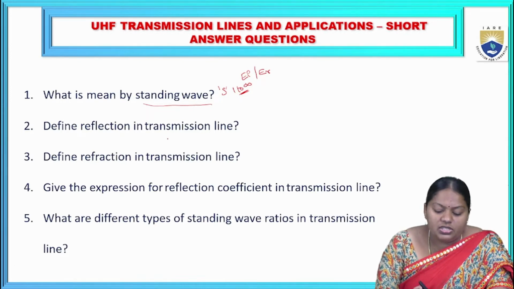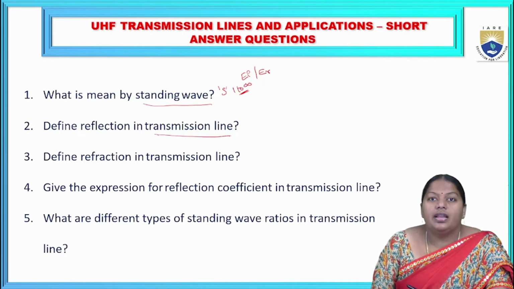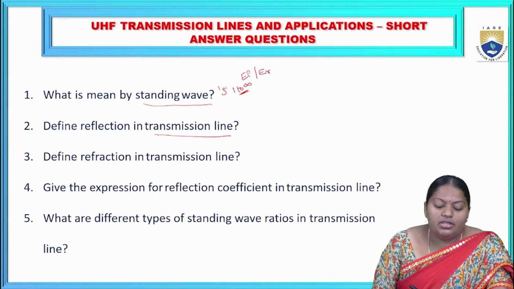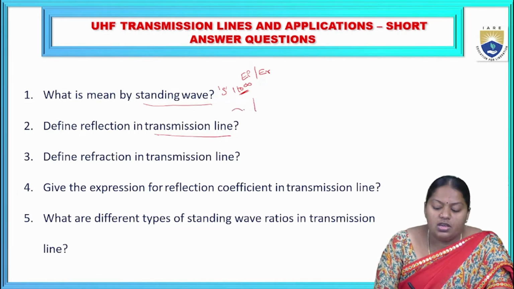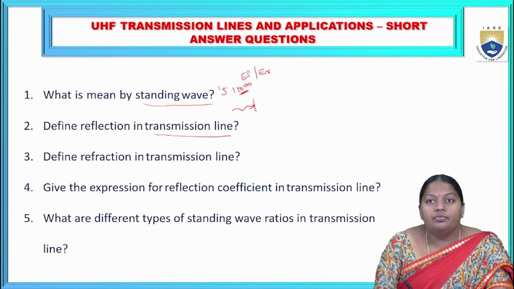Then, define reflection in a transmission line. When the incident wave touches the boundary, part of it is reflected back to the same medium and part of it is transmitted to the next medium, in the case of electromagnetic waves.